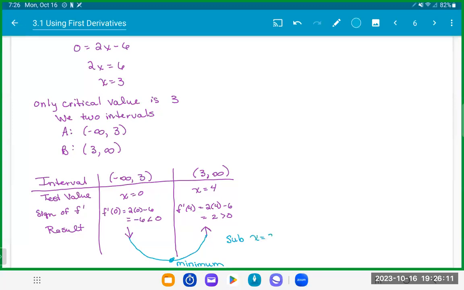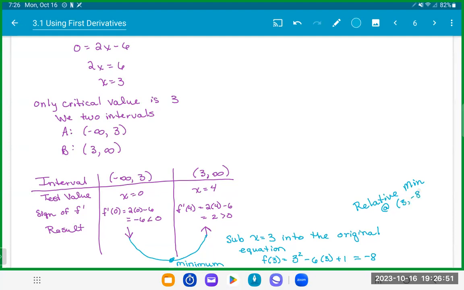So we'll sub x equal to 3 into the original equation. Okay. And so we get f of 3 is equal to 3 squared minus 6 times 3 plus 1 equals negative 8. So we have a relative minimum at that point 3, -8.